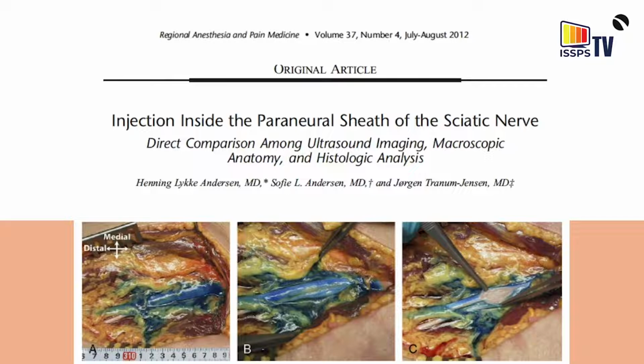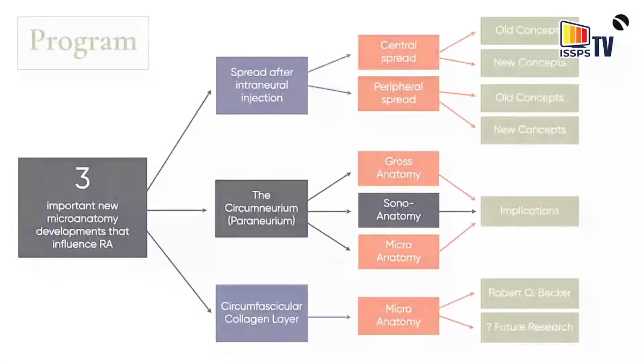The Andersen group named this the paraneurium, which is obviously etymologically incorrect, as para refers to beside, alongside, beyond, or next to. It has later been renamed the circumneurium, as the prefix circum originates from the Latin meaning around, as in circumcision.